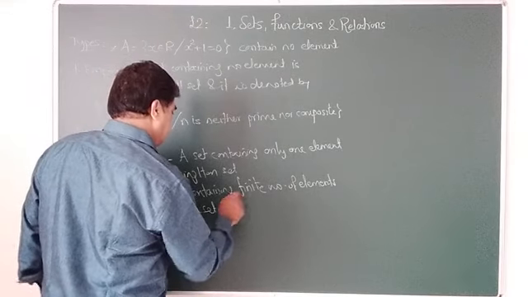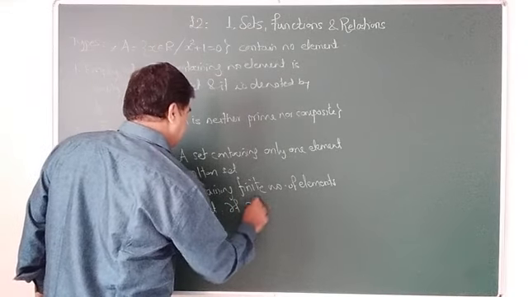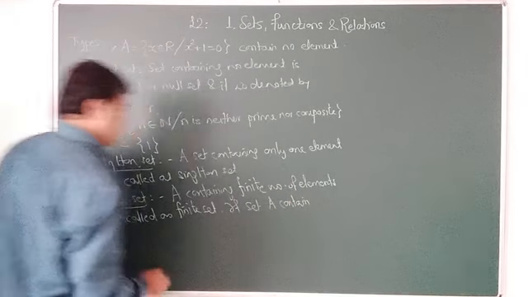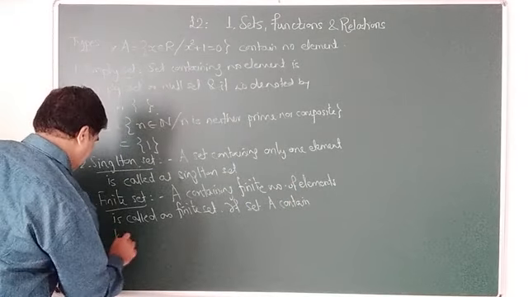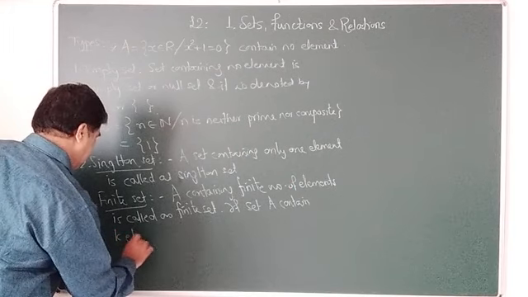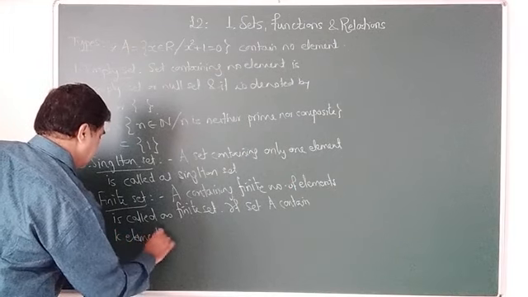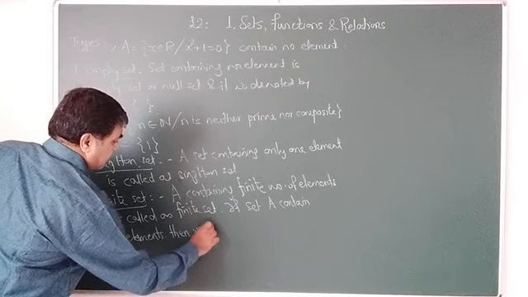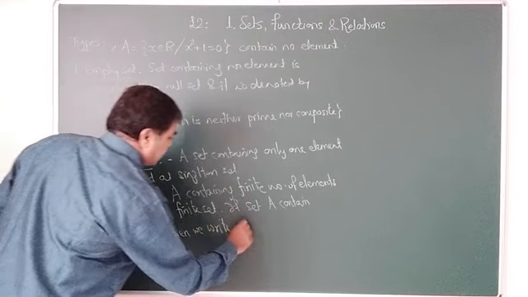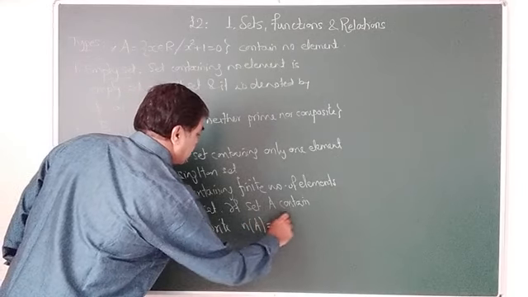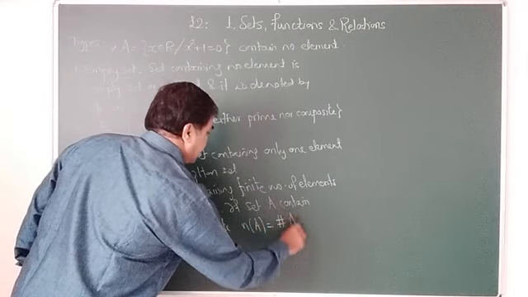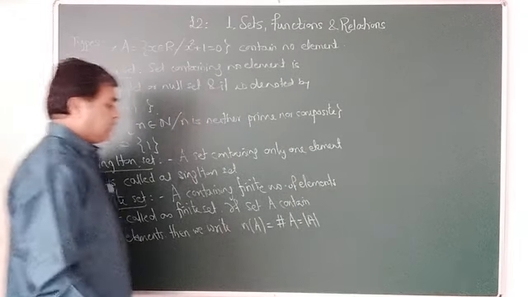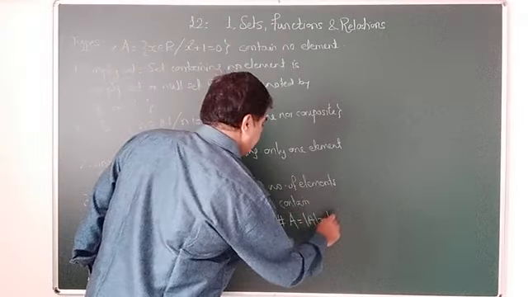If set A contains, say, k elements, then it is denoted by the number of elements in A, or cardinality of A, is equal to k, or in some books it is also denoted by this symbol equal to k.